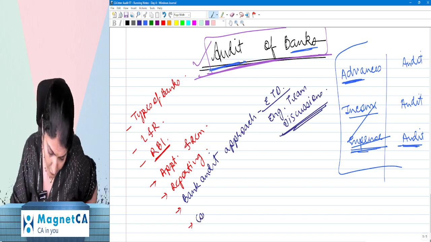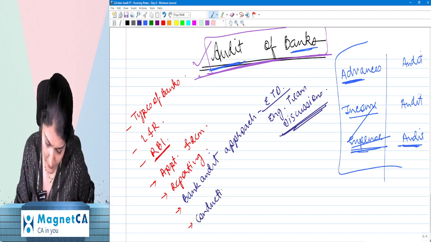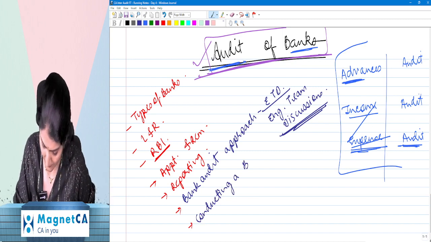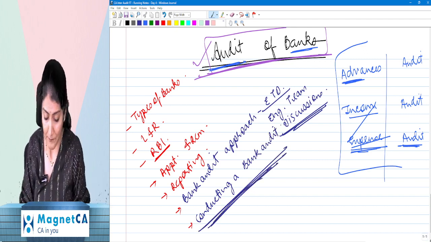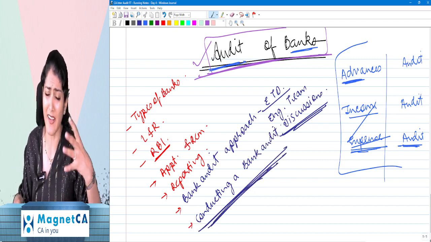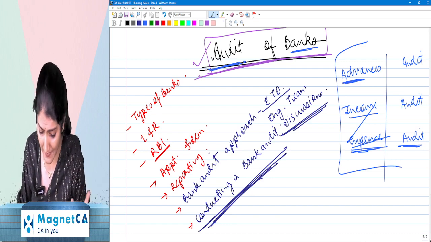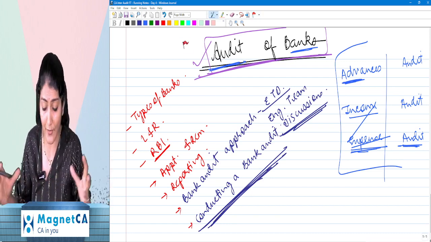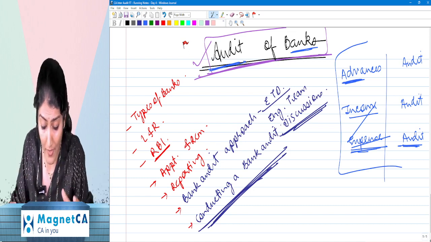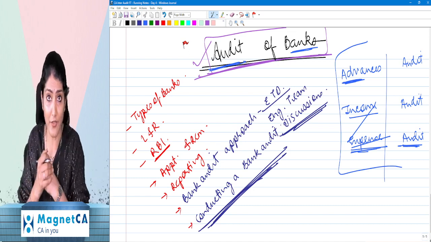And then we also talk about the 18 steps involved in conducting the bank audit. So this is more or less a snapshot, a menu card, of what we are going to discuss in this particular chapter.